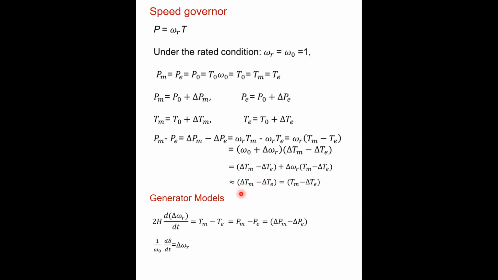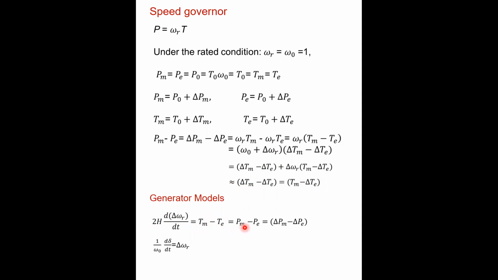Now from this relationship, we can have the generator model representation. So we can write this as 2H times this one, and the difference of Tm minus Te.